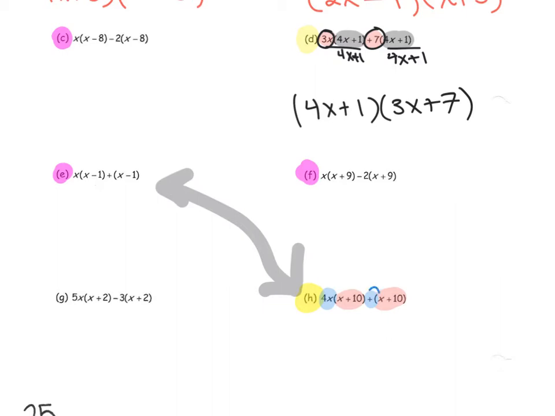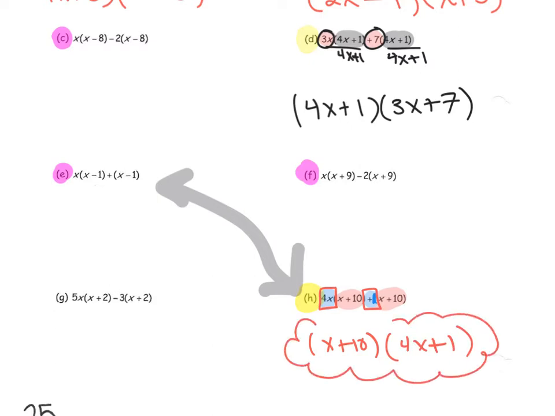What can I always distribute? We have a plus 1 here, right? There's really a plus 1. So we're not going to do that distribution, but I just wanted to show you that as an example. There's a plus 1 remaining. So when I factor out that GCF of x plus 10, I'm left with 4x plus 1. This will be useful when you complete C, E, and F.